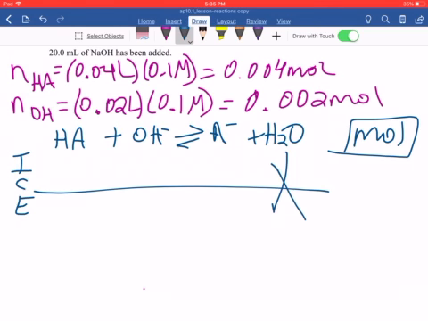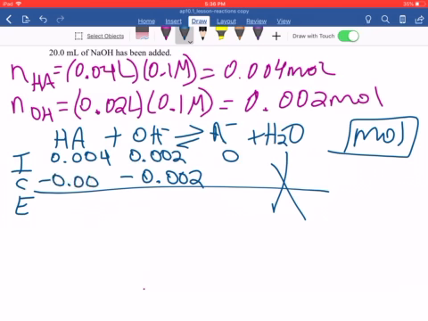Okay, cross out water. Acetic acid is 0.004. Hydroxide is 0.002. We don't have any acetate. We're going to subtract hydroxide because it's the smaller number. So 0.002 gets subtracted on the left side, and it gets added on the right side.